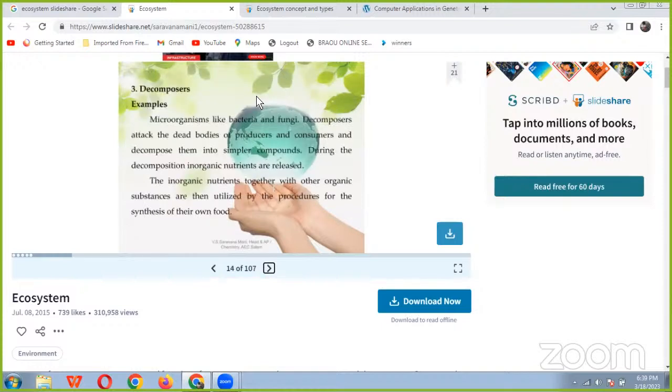Next one, decomposers. The decomposers are very important. Nowadays, they are used for decomposing organic materials and waste materials also. Mainly they are bacteria, fungi, and actinomycetes. Decomposers attack dead bodies and decaying materials, especially the dead bodies of producers and consumers, and decompose them into simple compounds.